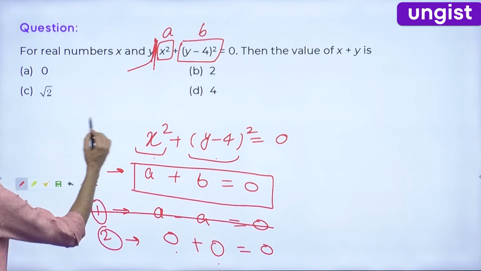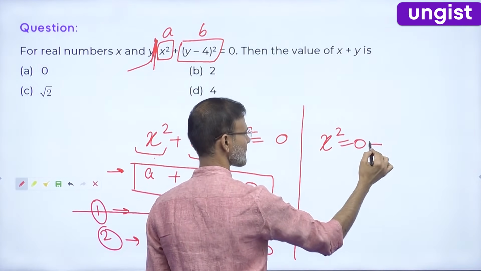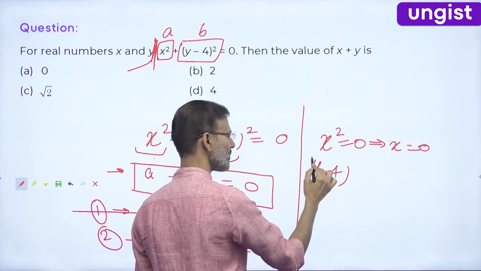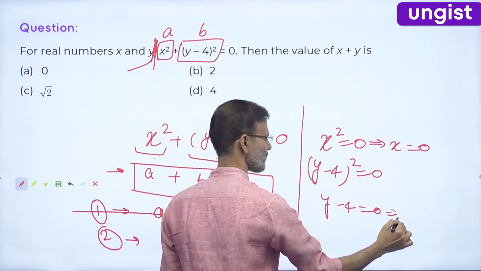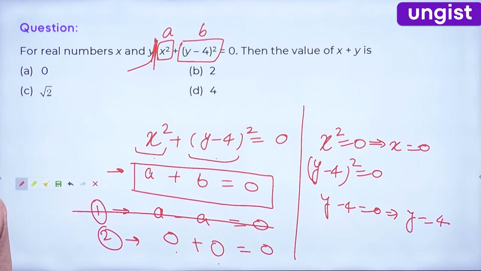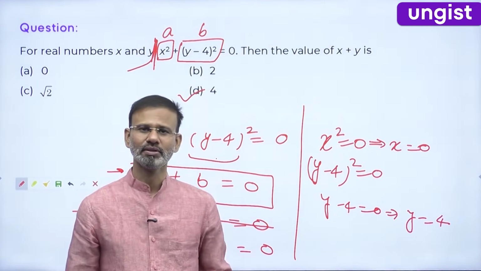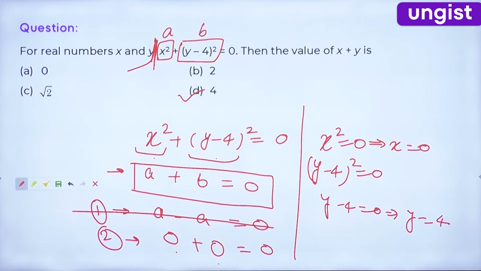Right, everybody? So x square is 0, which implies x is equal to 0. Y minus 4 to the whole square is equal to 0, which is y minus 4 is equal to 0, which is y is equal to 4. Now tell me the answer. The answer is 4. Friends, hope it is clear, right? No maths, only logic. That's it. No maths, guys. Right? Everyone fine?